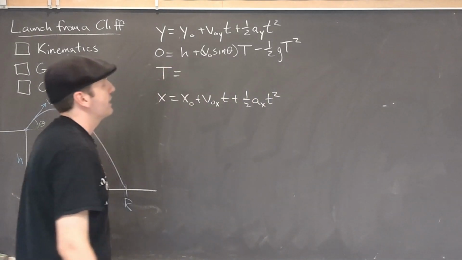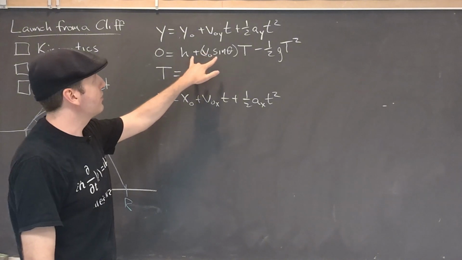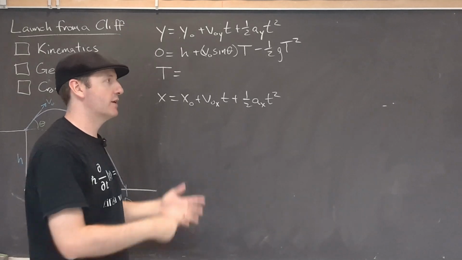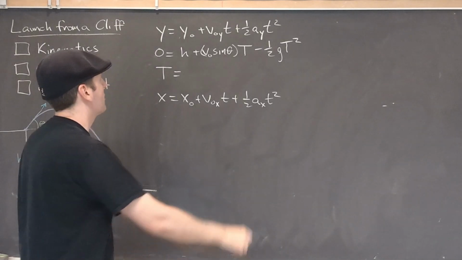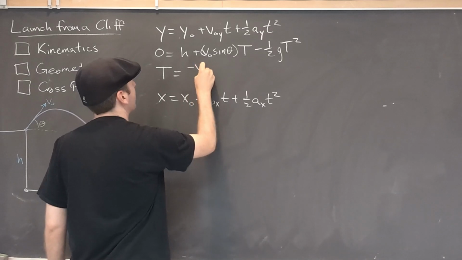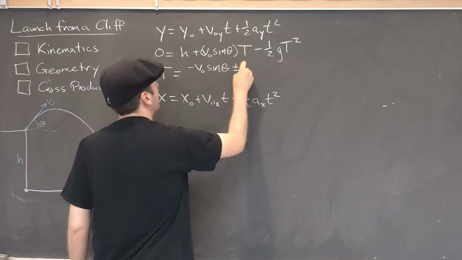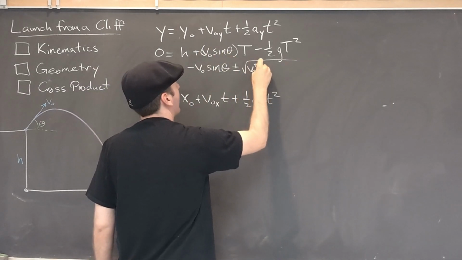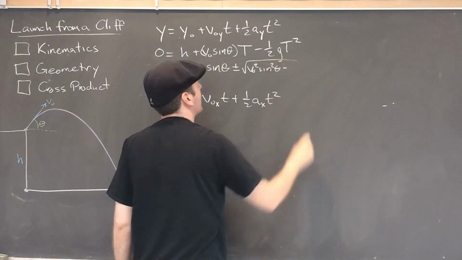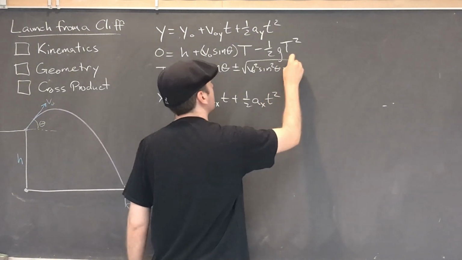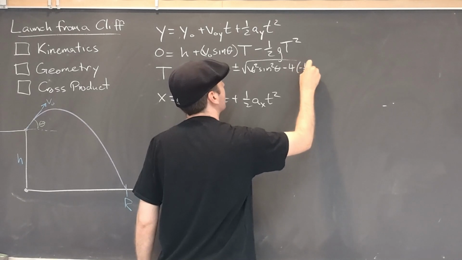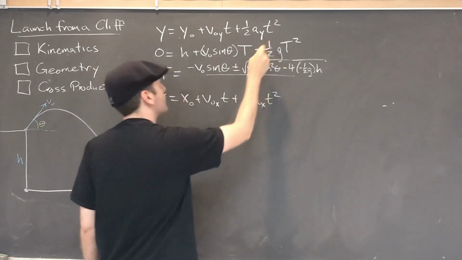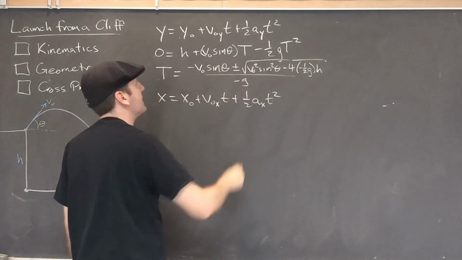T equals. Now, we're going to see that although you might think there's a plus or a minus, we're only going to take the positive root because we want our time to be positive. So I'll have negative b plus or minus root b squared minus 4ac, that's 4 times negative 1/2 g times h, all over 2a, which will be negative g.